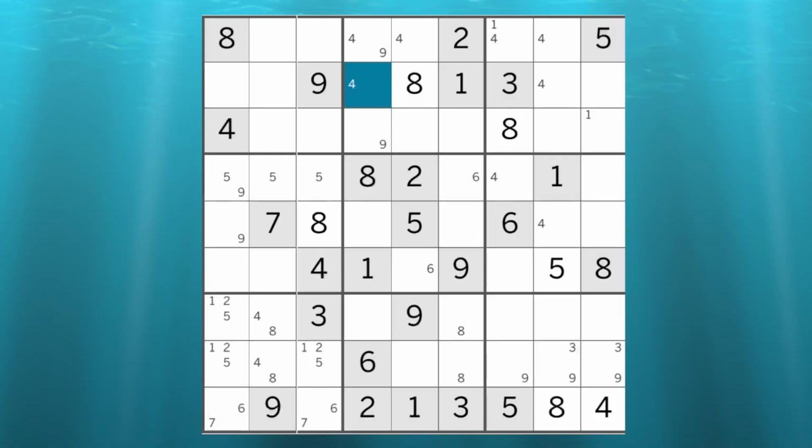Okay. That's really all I'm seeing at the moment, just by glancing over the puzzle.